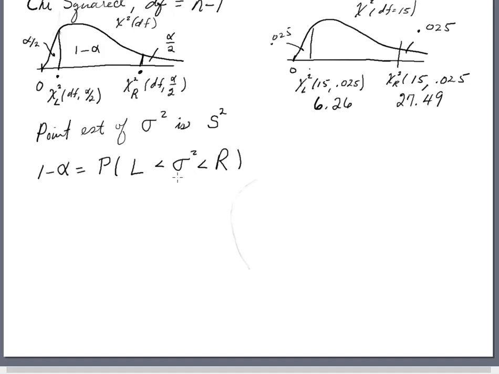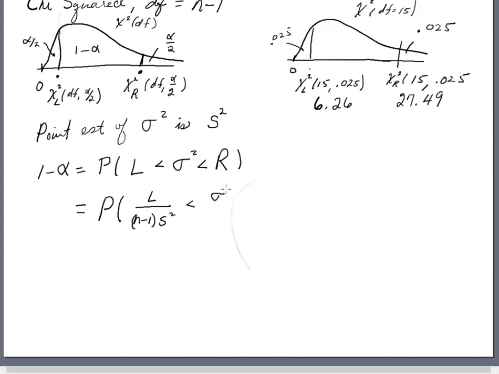And to find a confidence interval, what I need to do is to find the L and the R. Well, as before, doing that is just an algebra exercise, and so we'll try to do this as quickly and as painlessly as possible. I'm going to divide each member of this inequality by n minus 1 s squared.